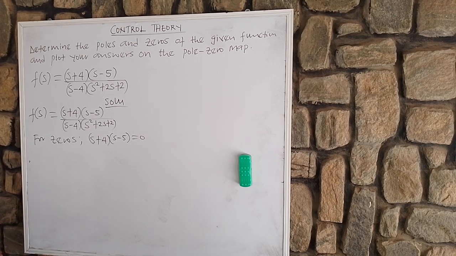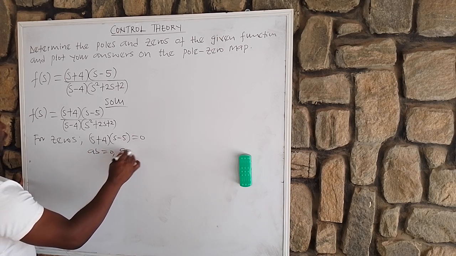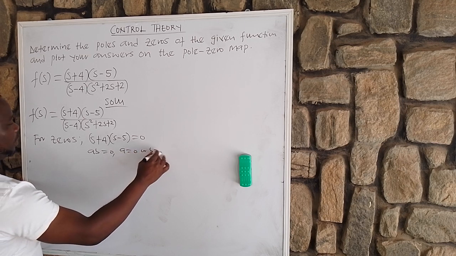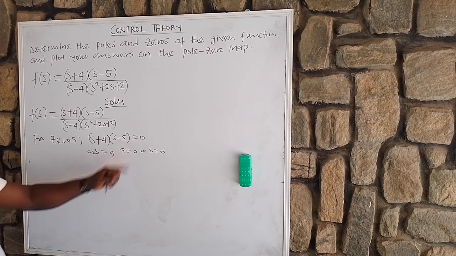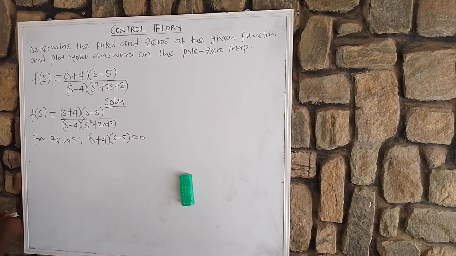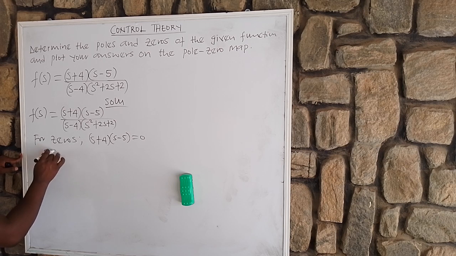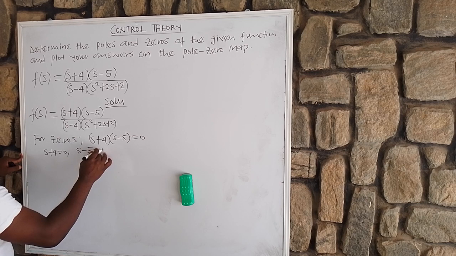This is a linear equation, but as in a quadratic equation, if we have a times b equals 0, it's either a equals 0 or b equals 0. You don't need a prophet to tell you. This bracket is your a, this bracket is your b. So it implies that s plus 4 equals 0, then s minus 5 equals 0.